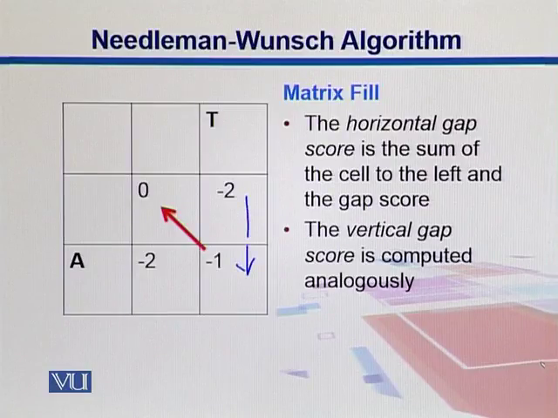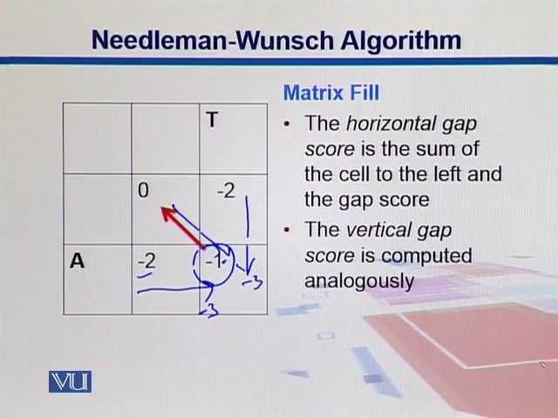The other possibility is we can come from here, while now we are introducing the gap in our alignment, and in that case our cumulative score will be -3. -3 if we come here, -3 if we come here. If we come from this diagonal, the score is 0 plus -1, which is -1 right here.